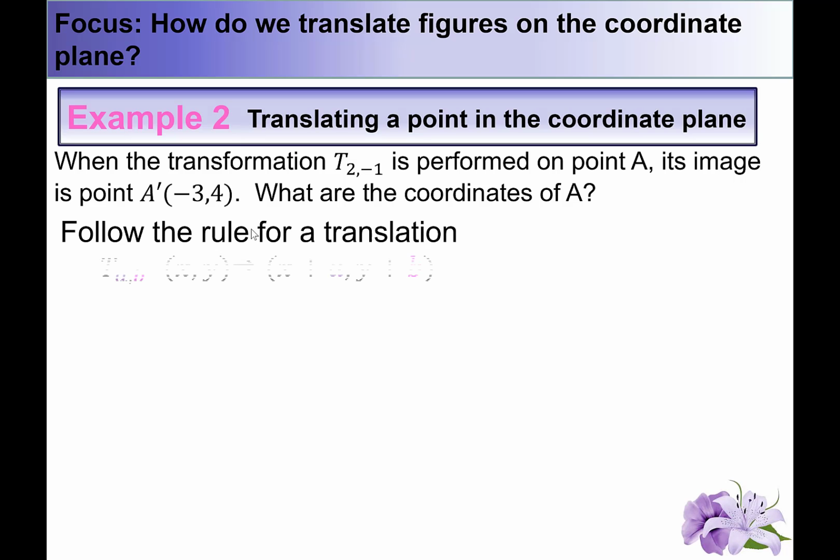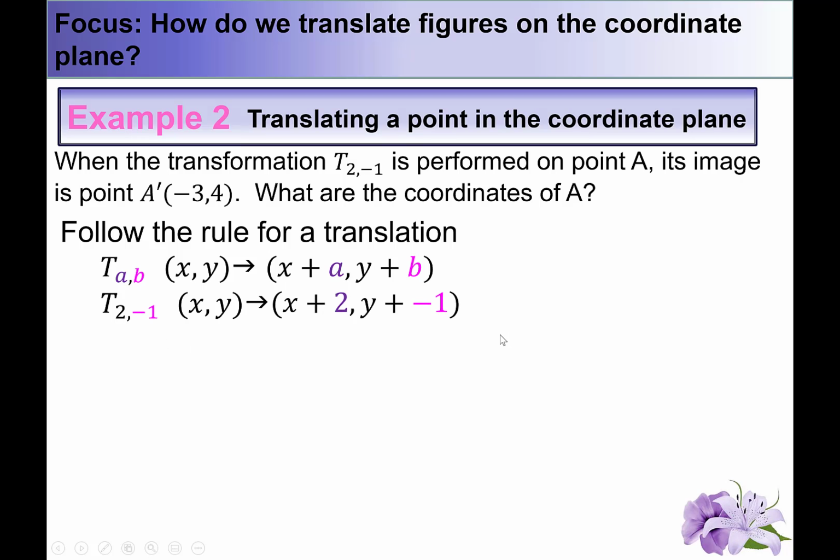So we're going to use the same rule, and we're going to substitute in all the information that we know. We know that this is a translation, we know the vector, so we can put in the 2, -1. The other piece of information we know is that A prime is -3, 4.